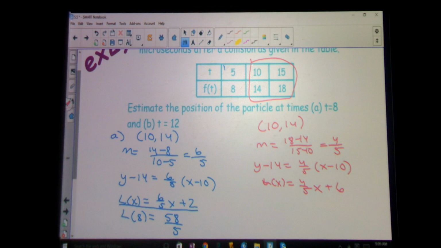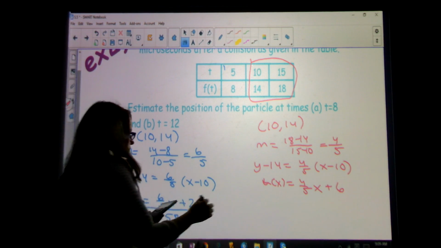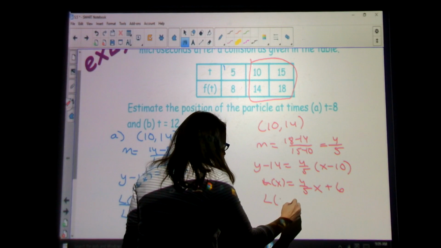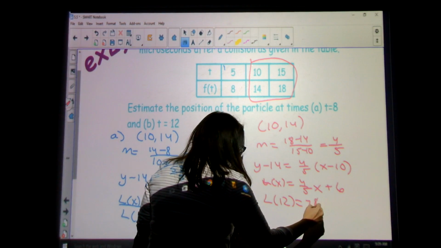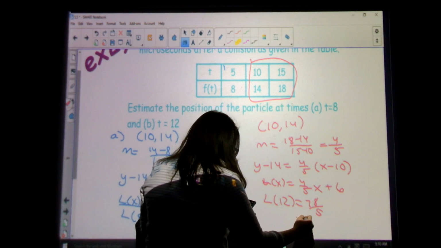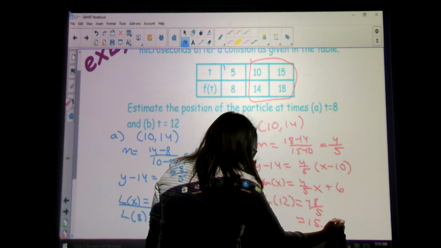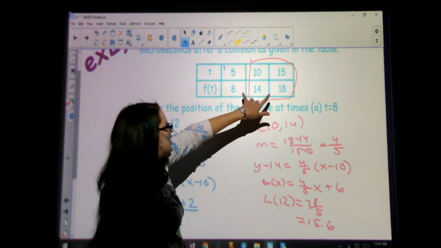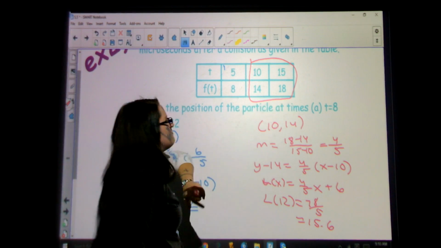Like I said, I know you can use some little common denominator here. It's not a lot of work, but I'm going to go ahead for time's sake and plug in. 78/5, which is approximately 15.6. Is that in between your two values? It is.